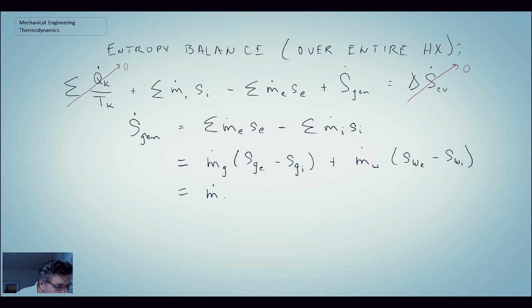So what we can now do, we need to evaluate the change in entropy of both the glycol stream as well as the water stream. And so for that, what we can do is use the equation that we derived for change of entropy of either a liquid or a solid.